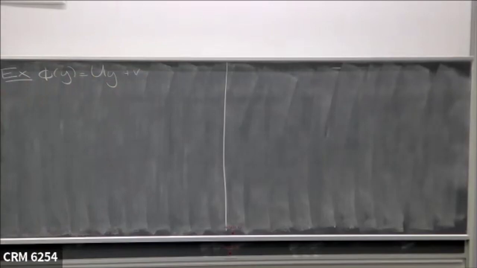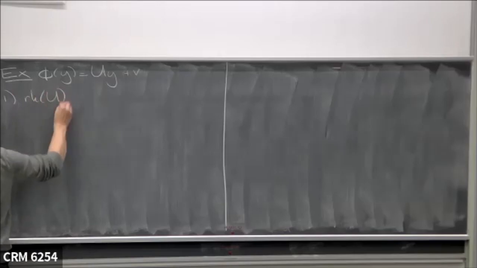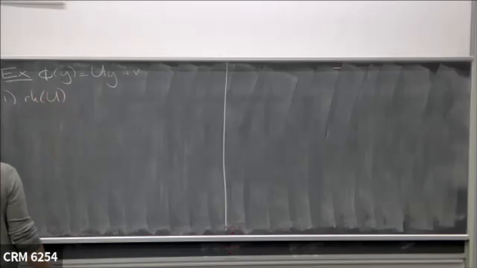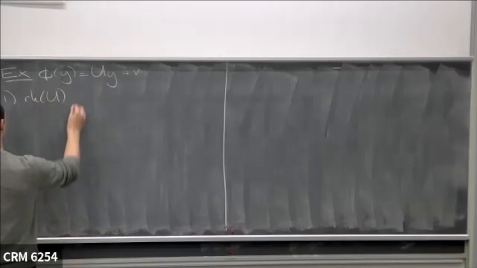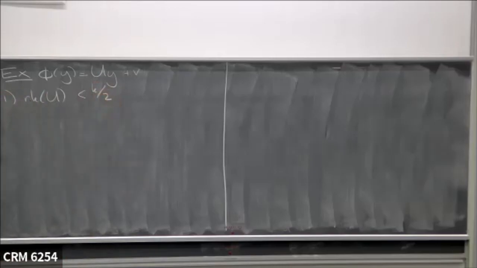And you can do a case analysis based on the rank of this matrix U. So first case, kind of the generic case, if U has large rank, or sorry, in my notes I did the low rank first. So suppose that U has low rank, so at most k over 2.